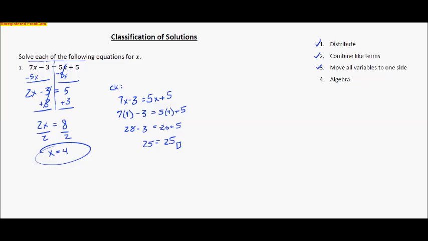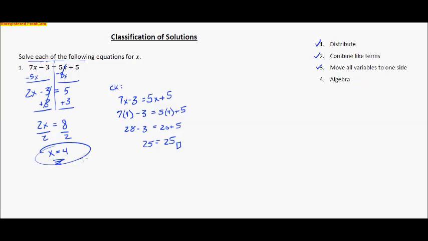Alright, and you may be saying, well, why did we call this a different section in the videos here? And you're going to see in a minute, but this is called classification of solutions, and when you classify something, usually you're saying it's this type of thing or it's this type of thing. Well, this one, we got one answer for our equation here, and that's not always going to happen.